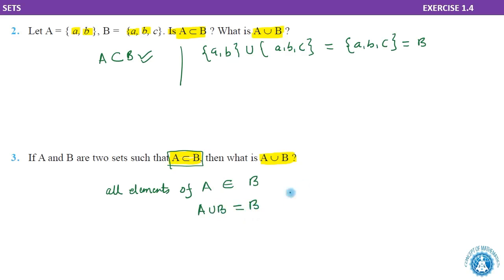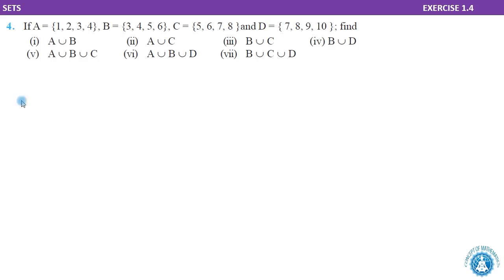Let us take an example. Here A was a subset of B, then what was the union of A and B? It was B only. So both the questions are the same, only the interpretations are different. Let us move on to the next question, question number 4.